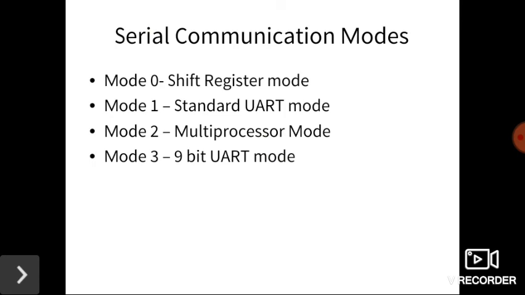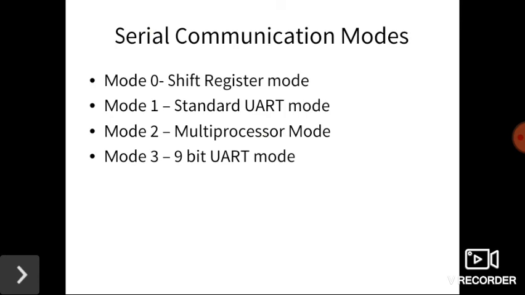The transmit pin is connected to the internal shift frequency clock pulse to provide shift pulses to external circuits. In this mode, 8 data bits are transmitted or received. That is mode 0. Then mode 1. Mode 1 is the standard UART mode. Here SM0 and SM1 are set to 0, 1.